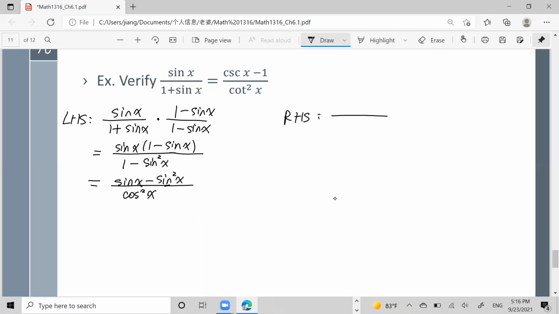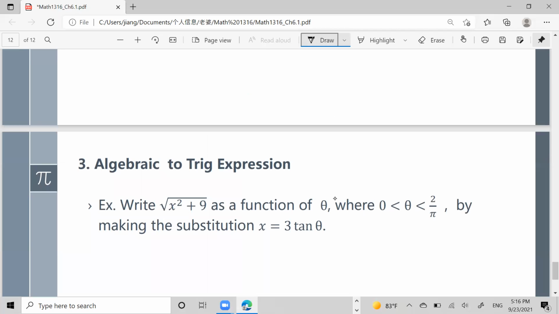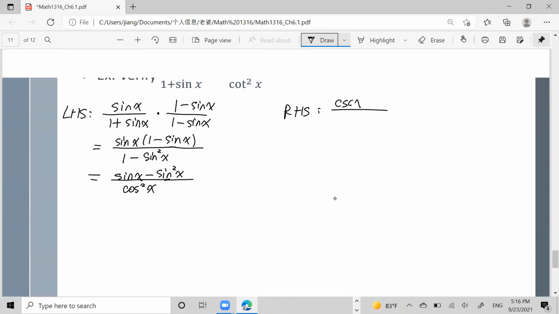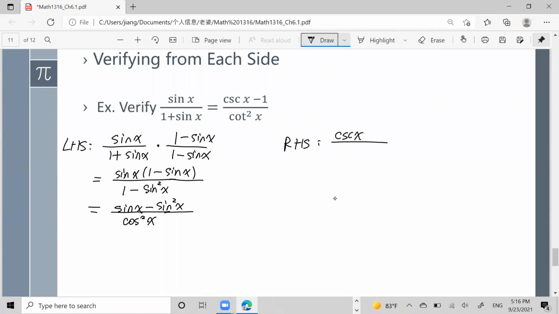If I see an expression, I convert it to only sine and cosine. So the right hand side is cosecant x minus 1 over cotangent squared x. Cosecant is 1 over sine x minus 1.